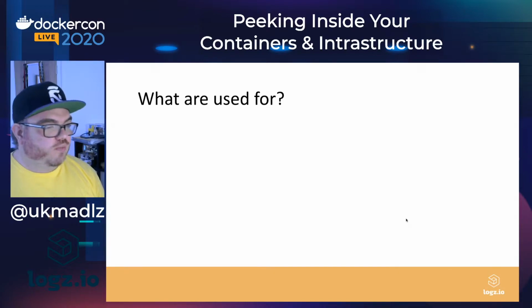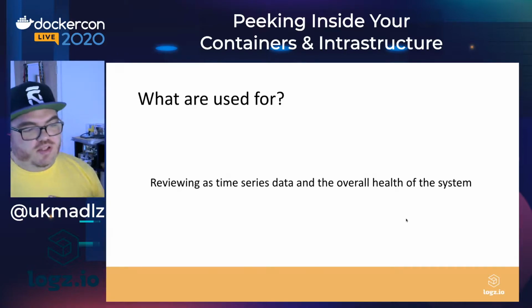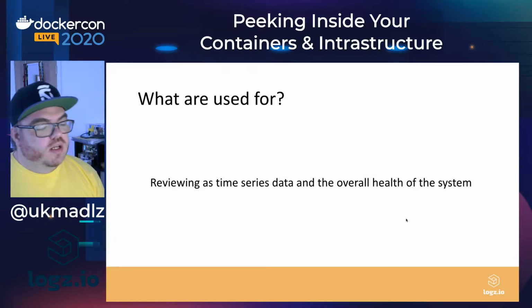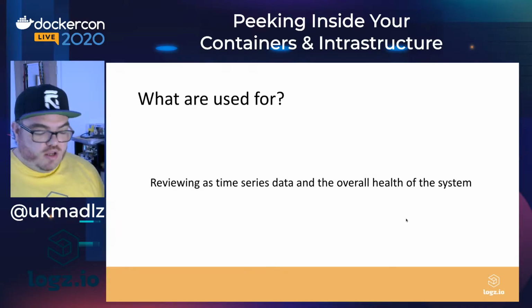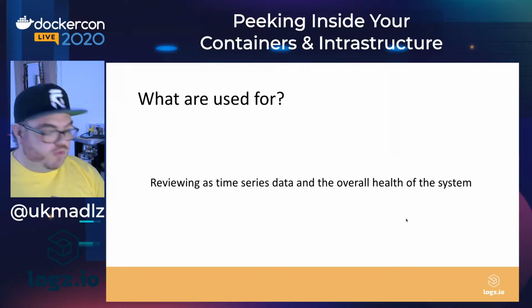So what are they used for? Well, reviewing as a time series data set, see the overall health of your system or the components within your system. By reviewing these quantifiable pieces of information over a period of time, you can see trends or spikes or problems.